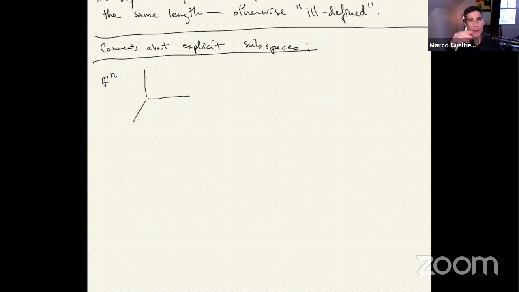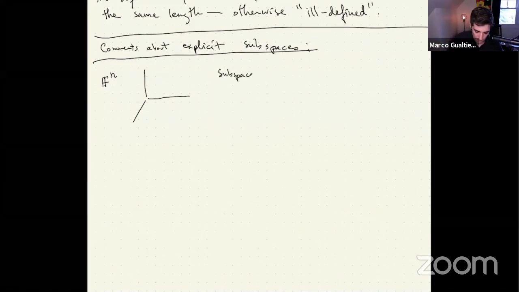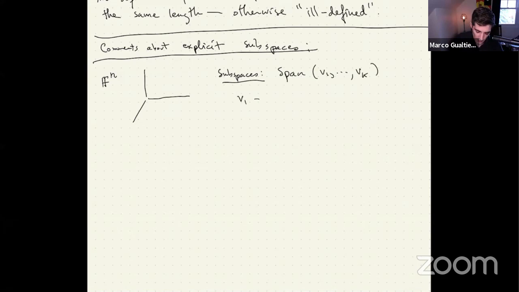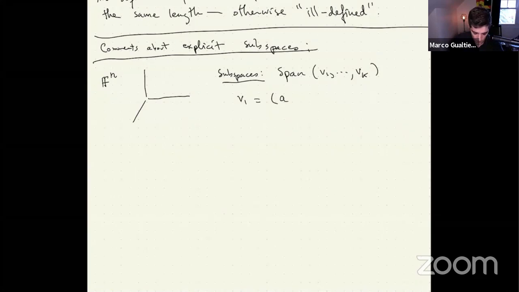Remember that we spoke about two ways of building subspaces. One of them was the optimistic way. In order to get a subspace, one way to do it would be to give a list of vectors. We could say, consider the span of a list v1 up to vk, where v1 is a1 up to an, where the ai are in the field.